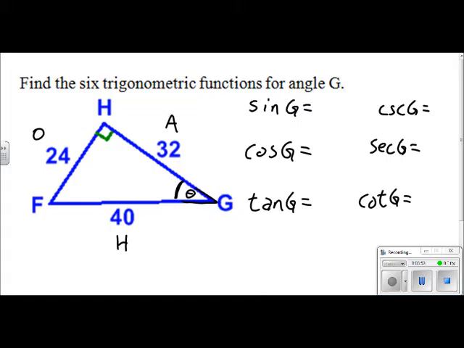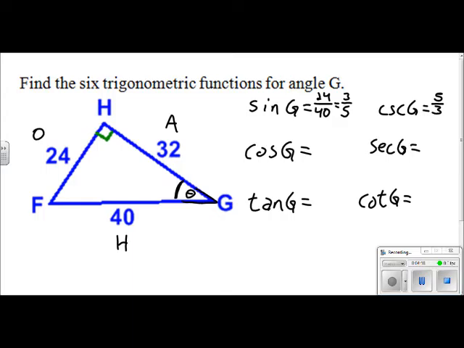So again, if sine is opposite over hypotenuse, we would say it's 24 over 40. And if we reduce those by dividing each by 8, we would have 3/5. So again, using our sine and knowing that the inverse is the cosecant, we can just flip those around and say that the cosecant of G is 5/3.